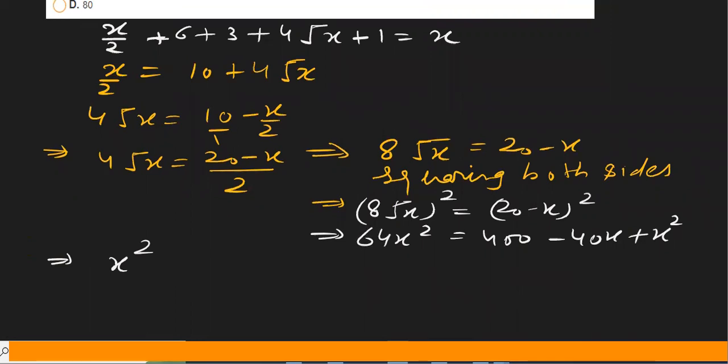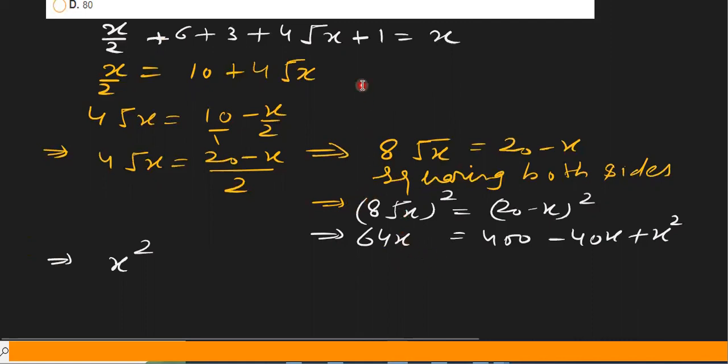So finally it becomes x square, and this is also not square, this is only x, because 8 square is 64, root x square is x only, it is not x square.